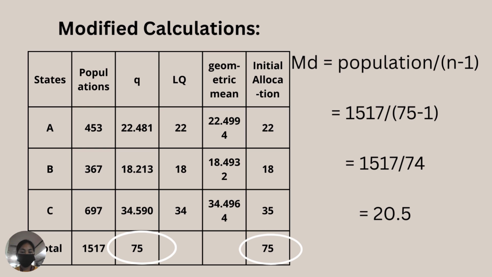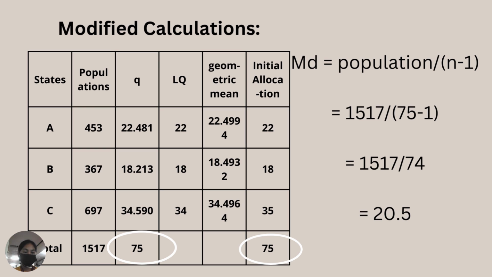So 1517 over 74, our modified divisor would be 20.5. We are going to divide the population in each state by 20.5. So 453 divided by 20.5 is equal to 22.481.